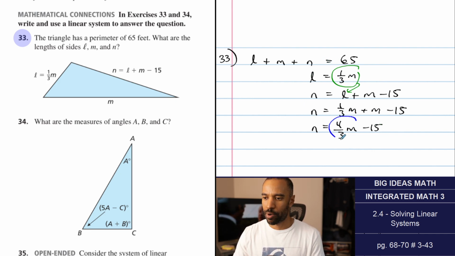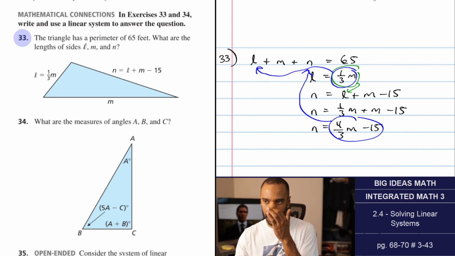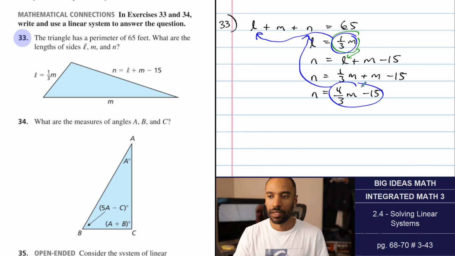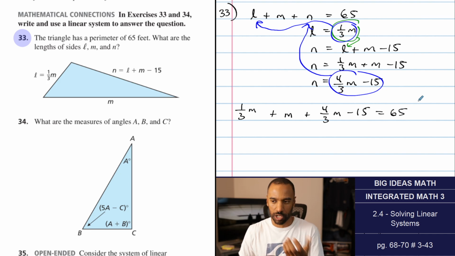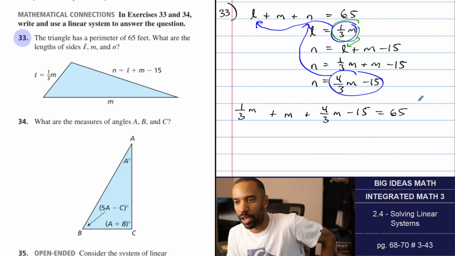I can take this expression, substitute it for N, take this expression, substitute it for L, and I'll have an equation with only M's in it. Okay, so L will be 1/3 M, then there's plus this M, and N will be 4/3 M minus 15. This isn't the only way to do the problem, but this seems most reasonable with what I have.